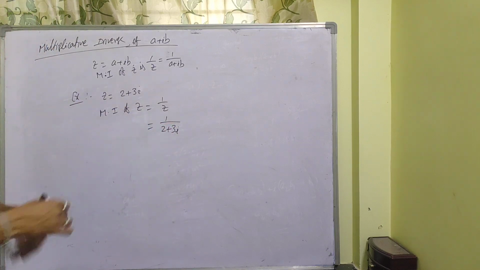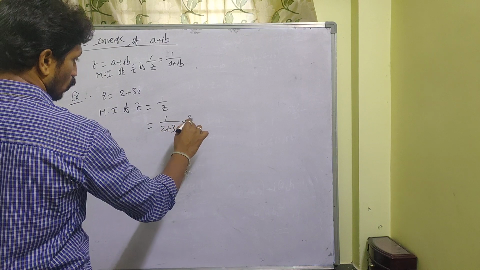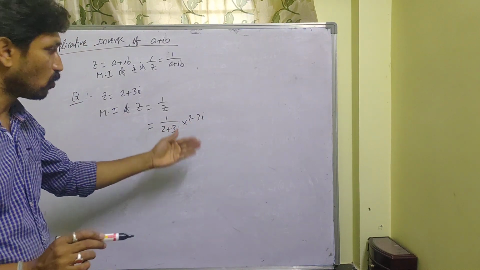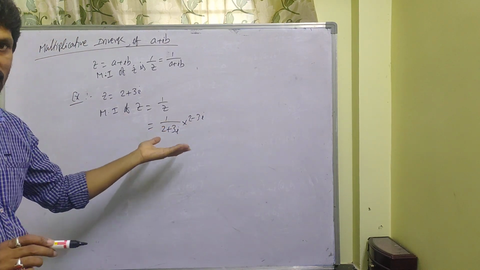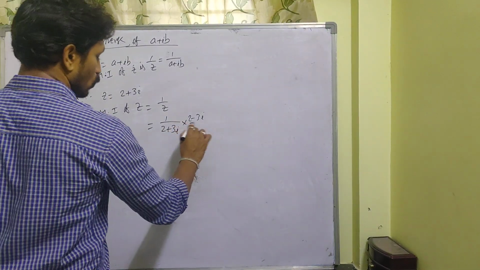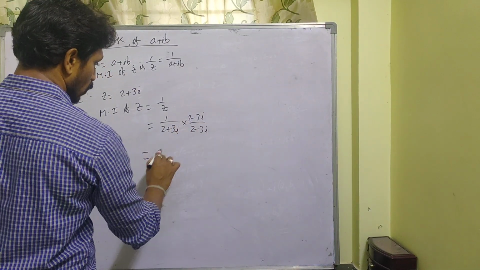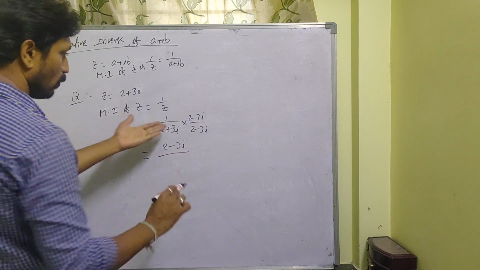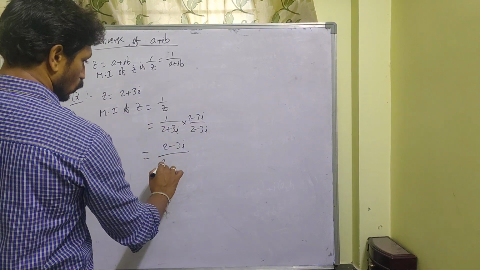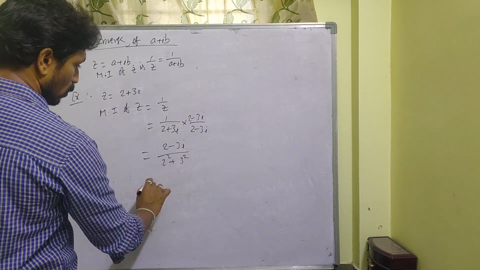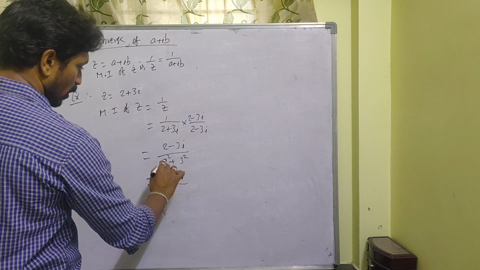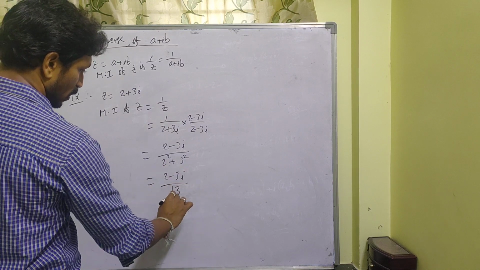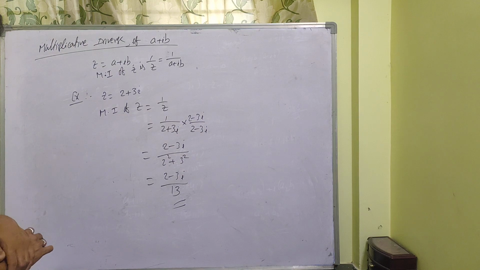So when it is in the denominator, you just multiply by the conjugate number, so that the complex number becomes a real number. So 2 minus 3i in the numerator, and in the denominator 2 square plus 3 square. So 2 minus 3i by 4 plus 9, that is 13. Like that you have to do.